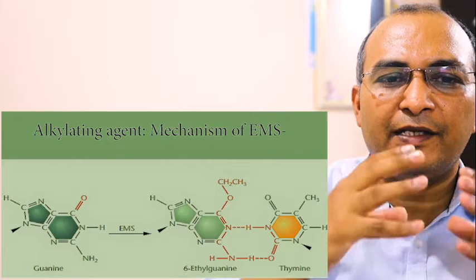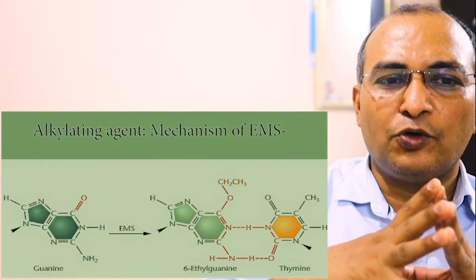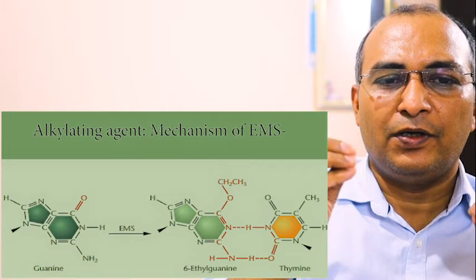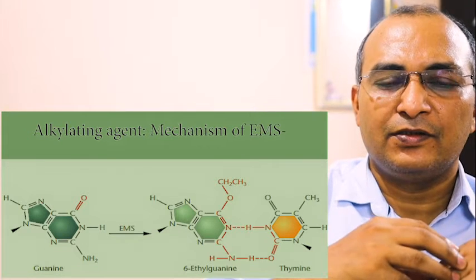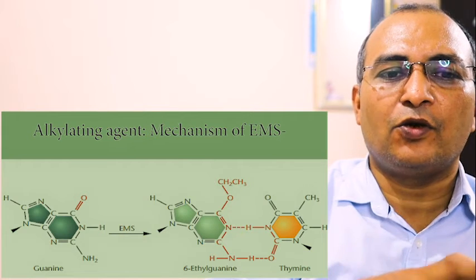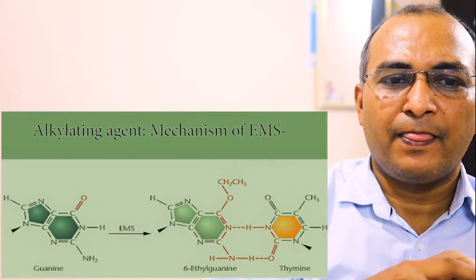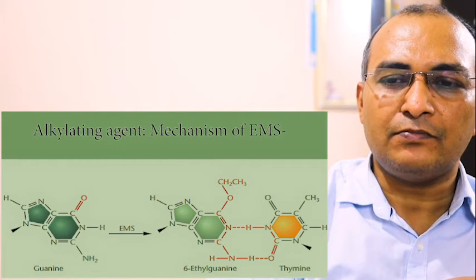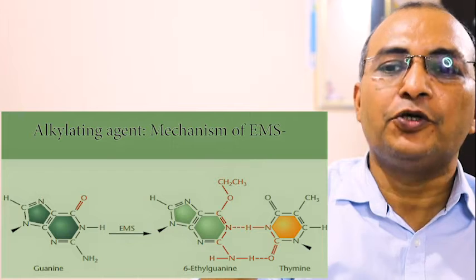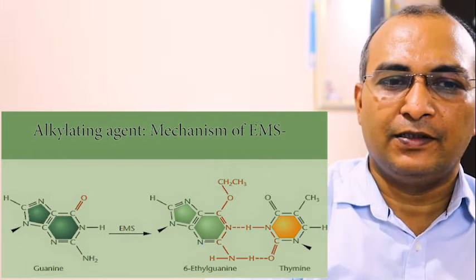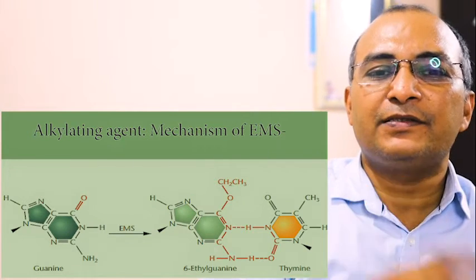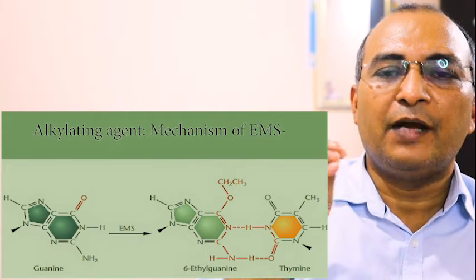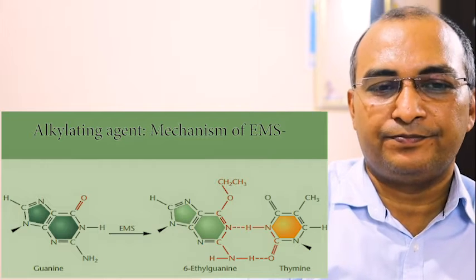When they alkylate the keto group, they get attached to the sixth position of guanine and the number four position of thymine, the keto group present in the bases. EMS alkylates the keto group of the number six position of guanine.